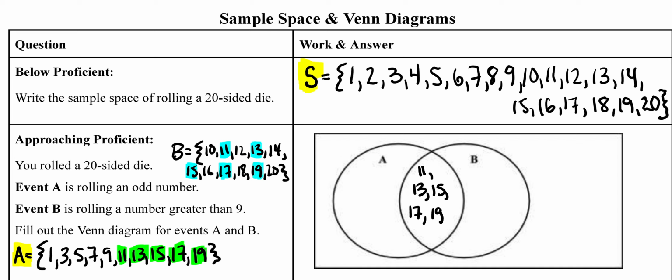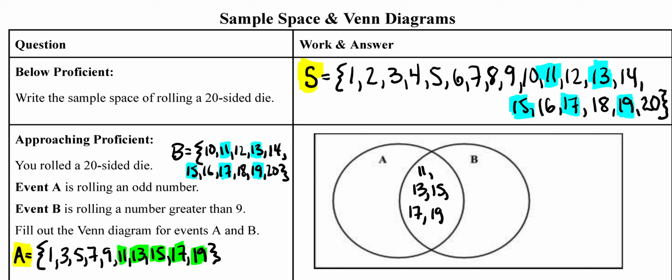And then just keeping track. It's also a good idea to mark those in your overall sample space, because those need to go in there as well. So I'll mark those here, 11, 13, 15, 17, and 19.